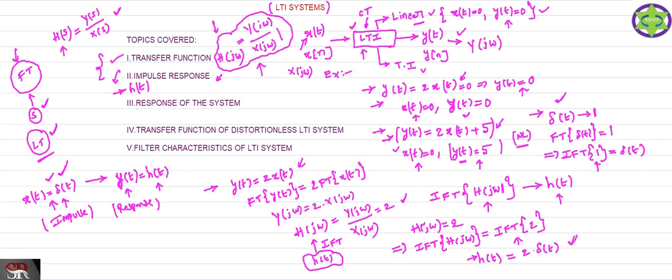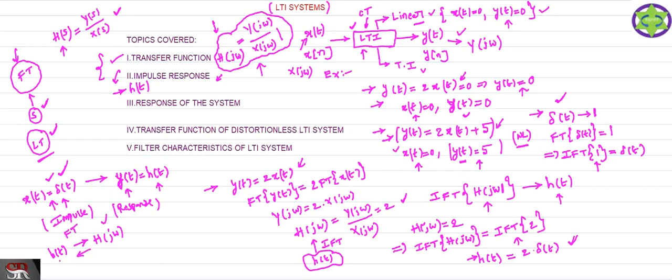So this is the impulse response of the system. To find the impulse response of the system, you just find the transfer function for the given system, and from the transfer function you find the inverse Fourier transform. Very simple. H(jω) is given to you. If you want to find h(t), if you apply the Fourier transform for h(t), you get H(jω).